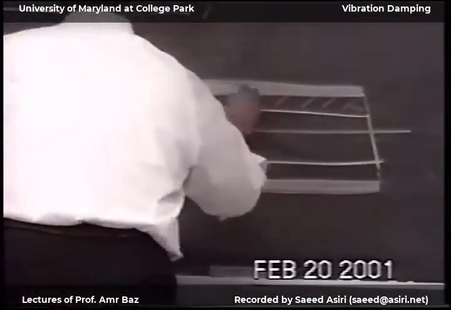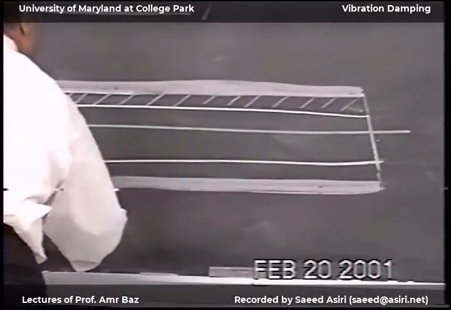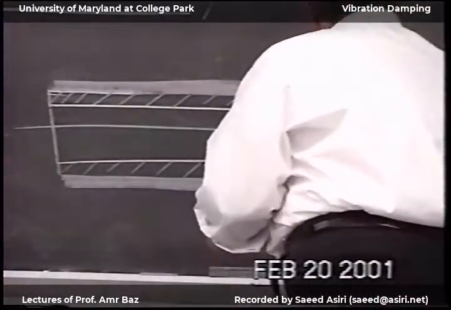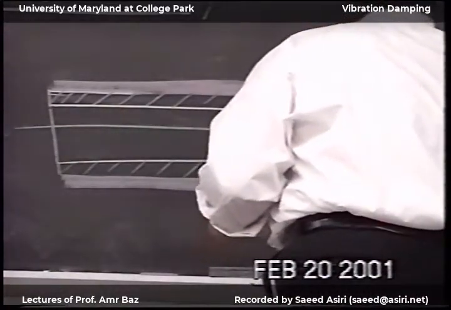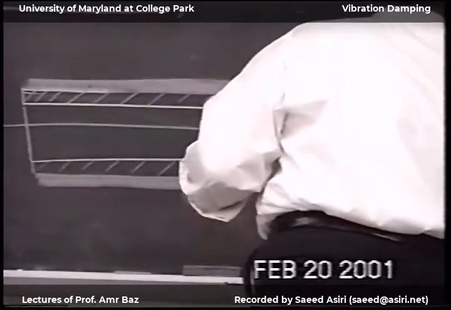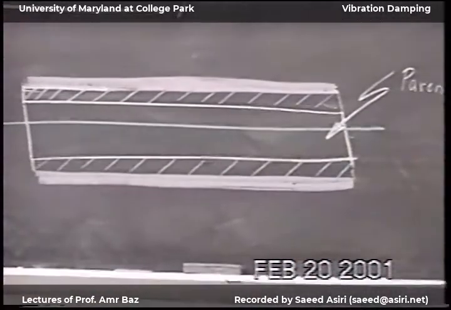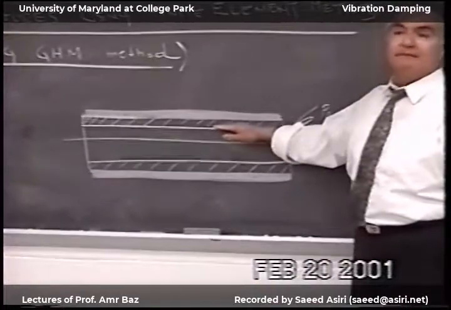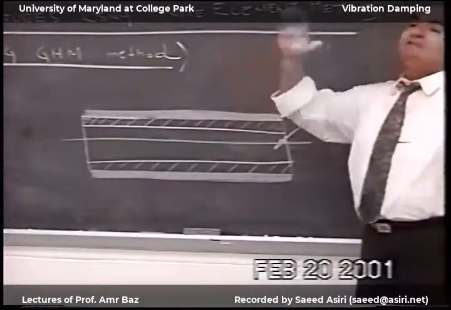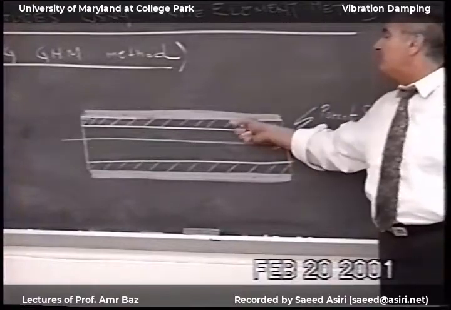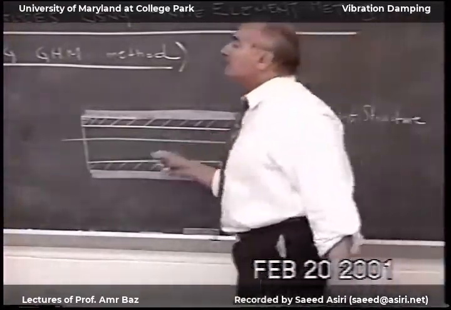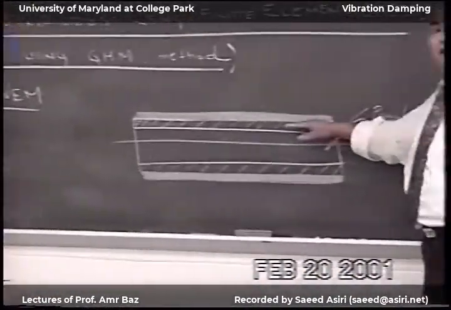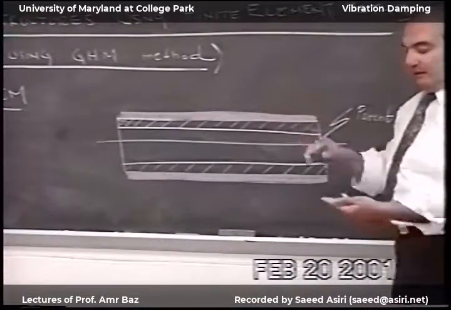Now we have VEM here. I have my base structure here, or parent structure. And that's the structure that I want to damp its vibration. So what we do, we will put viscoelastic material. And then as we will see when we get to this, if we use this arrangement, then we'll get much, much better damping than this arrangement. Because now I come on the viscoelastic and bond on the top side a constraining layer.